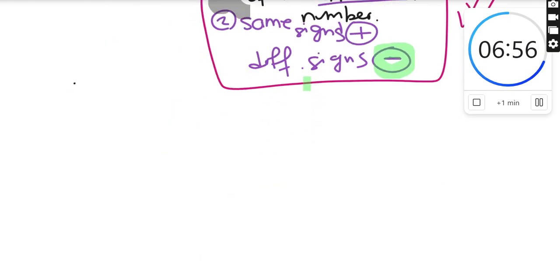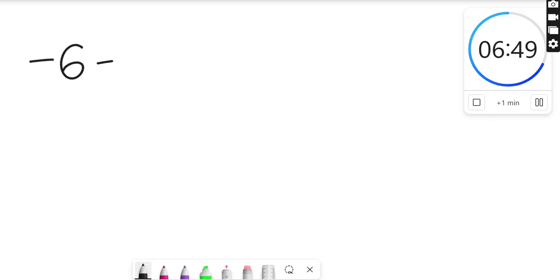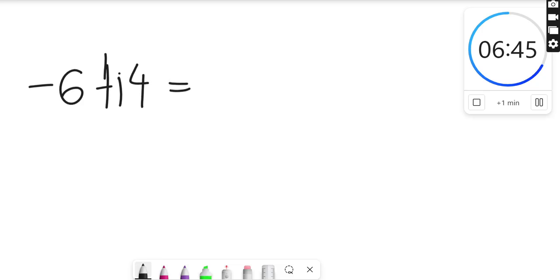Okay, let's apply this rule to different examples here. Let's say negative 6 and positive 14. Now we say, is it more positive or more negative?